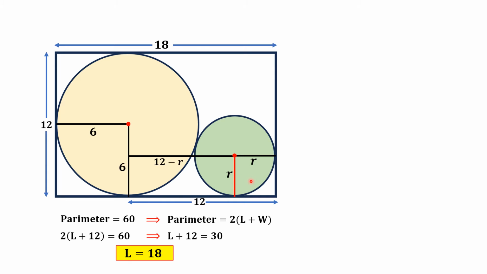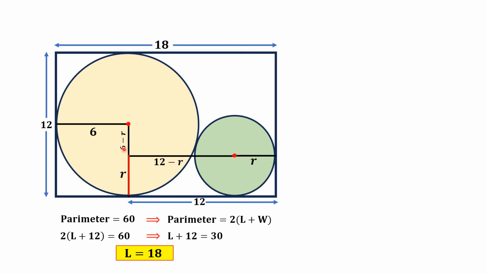Then this line segment, which is from the center of the smaller circle to the side and is normal to this side, is 12 minus r. Now this length is also r, and since this whole length is 6 units, this piece of length will be 6 minus r.